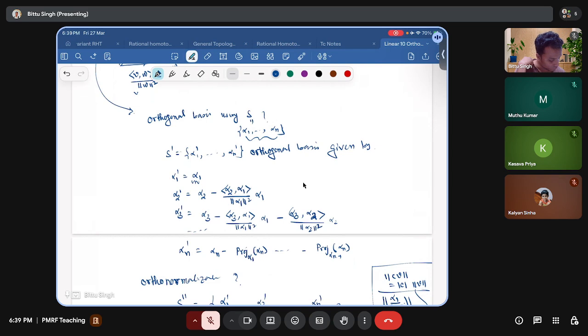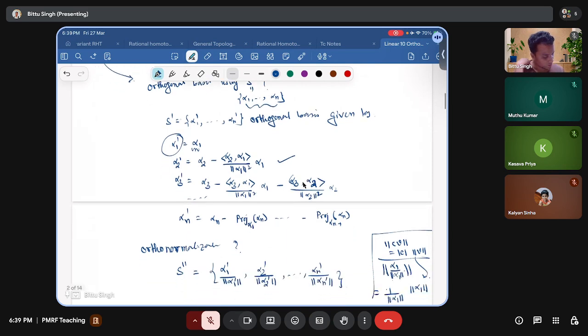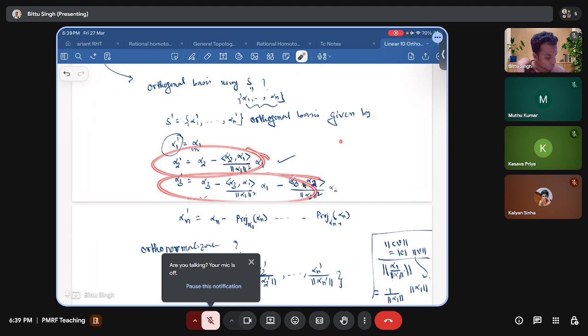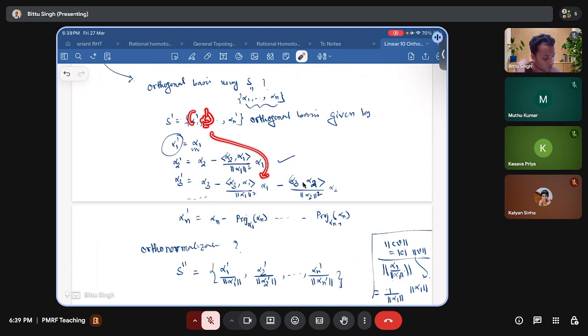Up to this it is okay, but I need to subtract this alpha 2 from alpha 1 dash, because those sets may not be orthogonal. The problem is that we need to use the orthogonality of alpha 1 dash, alpha 2 dash to create this alpha 3 dash, such that this alpha 3 dash is again orthogonal to the previous two vectors.